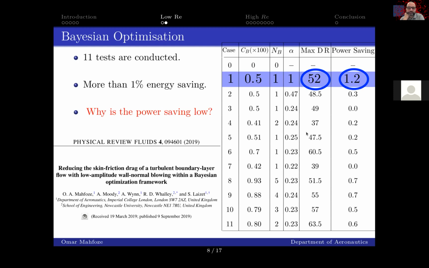The answer could be that we have a small control region. If we divide it into patches, the length of each patch will be small and the flow will not adapt enough to give us the bonus drag reduction that we have downstream. So we decided to go to high Reynolds number and try to increase the length of the control region.